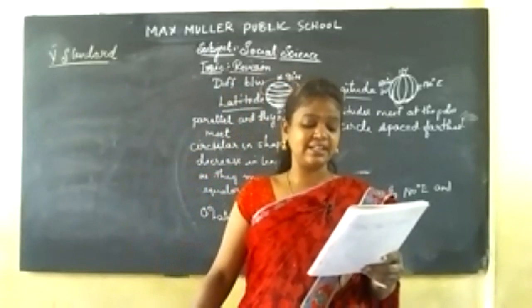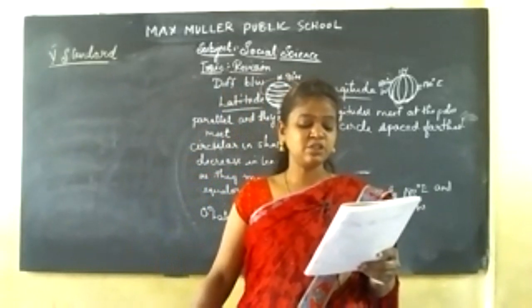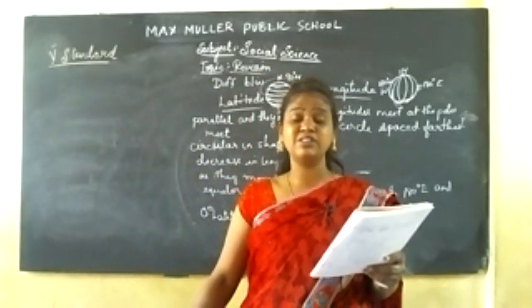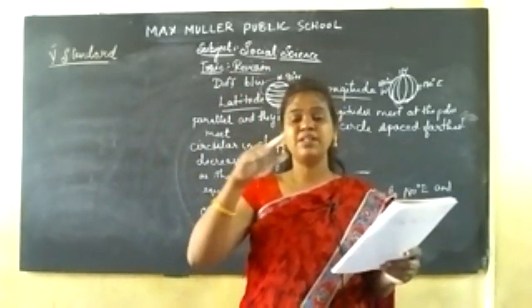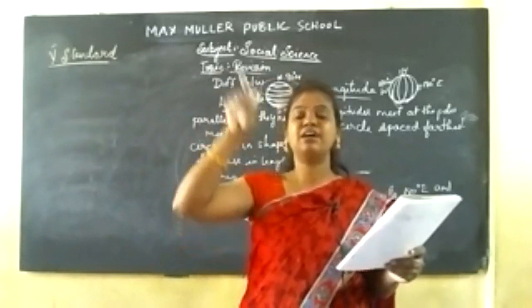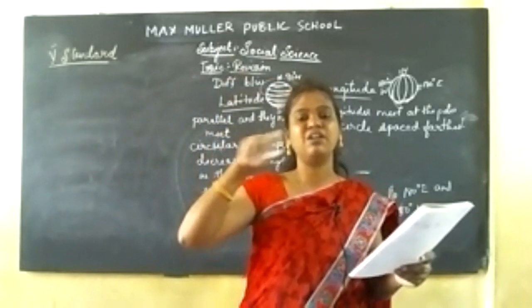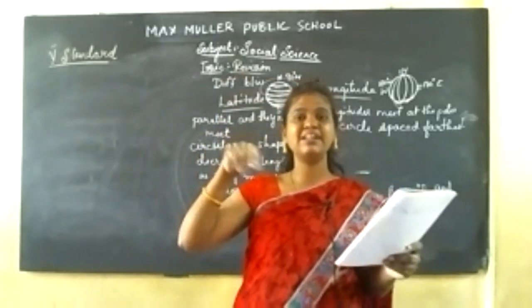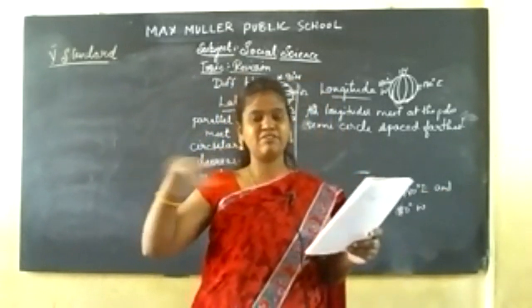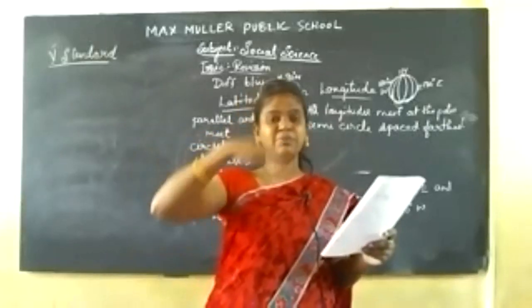Second difference: latitudes are circles and decrease in length as they move from the equator to the poles. So what happens when they pass from the equator to the poles? The length of the latitudes will be getting decreased.